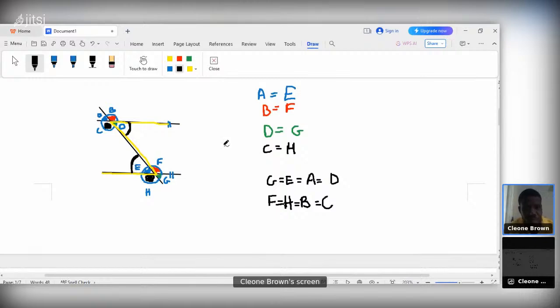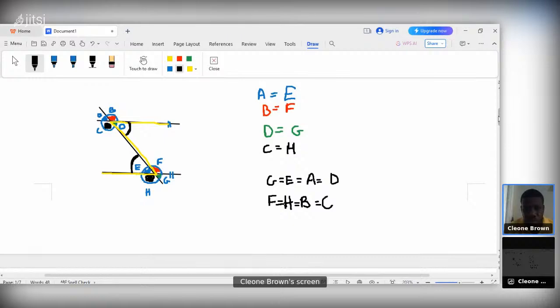Alright? And this is very important for us to know when we're doing things like the angle of elevation and angle of depression. It's very important for us to recognize that these two angles are the same. So we can do some calculations with that.